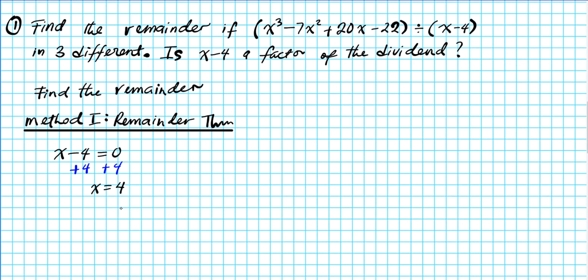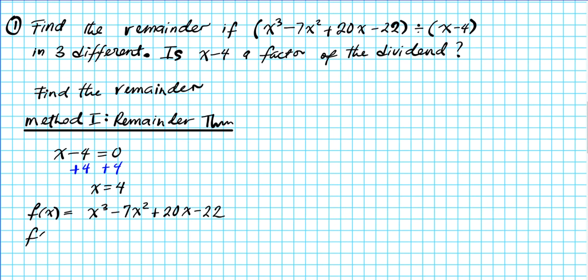Now, what are we going to do next? We're simply going to evaluate this dividend polynomial by the root of the divisor, which is 4. So f of x is x to the third minus 7x squared plus 20x minus 22. If you remember the remainder theorem, we'll just simply evaluate this function at the 0 of the divisor.